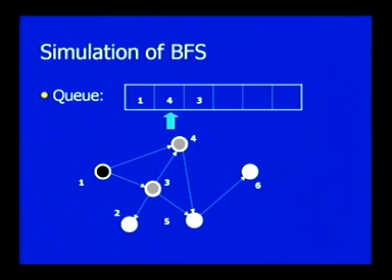So, now the neighbor of 4 I am pushing onto the queue. So, now 5 goes to the queue. So, 4 is read now. So, I am going to the next one, that is 3. 3 neighbors are 5 as well as 2. So, 2 is a neighbor.